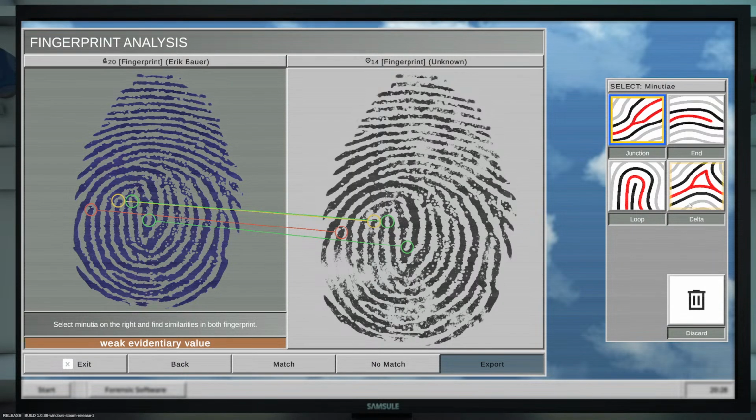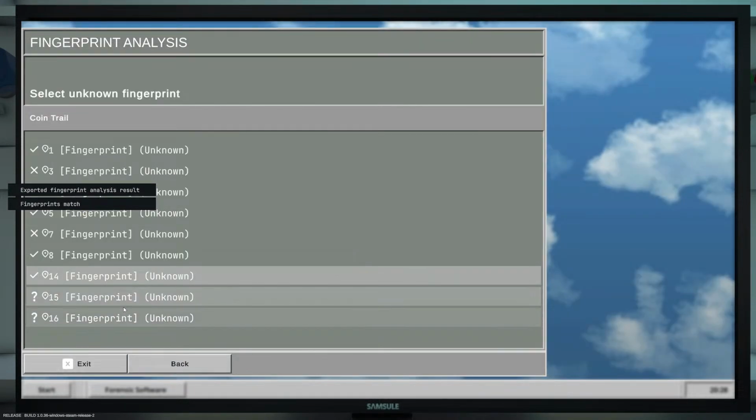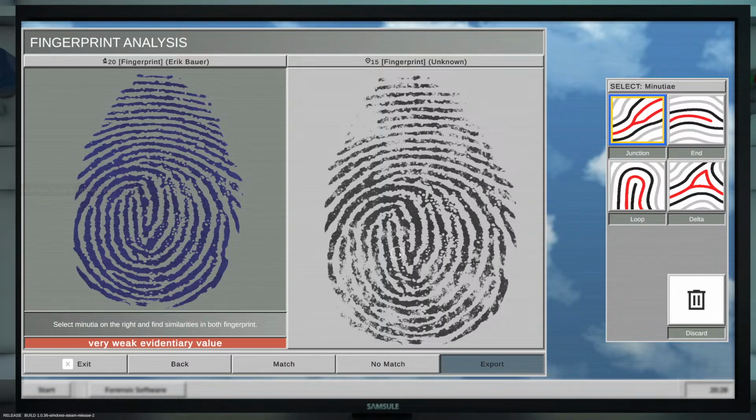Huh. Weak. Weak evidence. How about we strengthen that evidence? Yeah, we got an end right here. Alright, strong evidence. Export, go back. Yeah, this is definitely him. It's pretty obvious at this point.